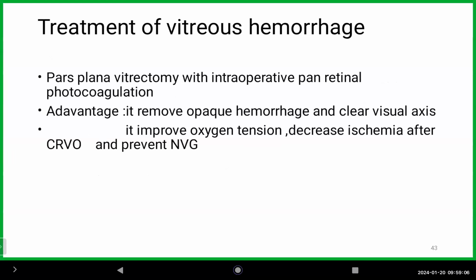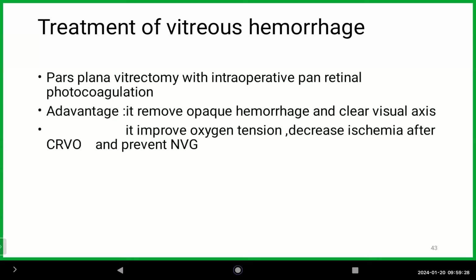Then for treatment of vitreous hemorrhage, if the patient has significant vitreous hemorrhage, you want to give pars plana vitrectomy in this type of patient. And when you do pars plana vitrectomy, you can also combine it with pan-retinal photocoagulation at the same time.